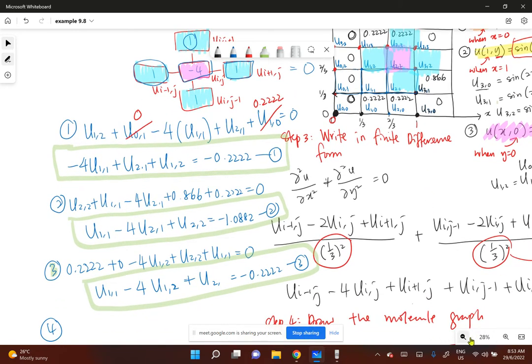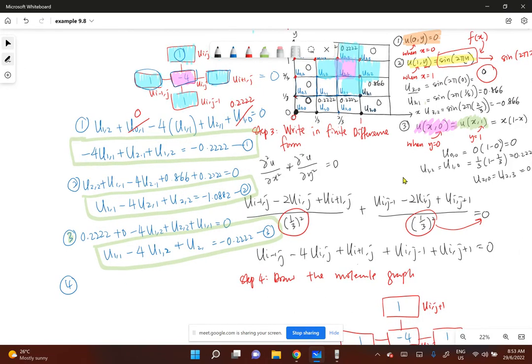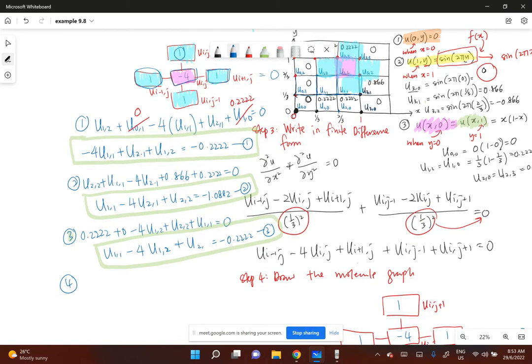Now, kita kecilkan sikit. The fourth is 0.2222 plus U12 minus 4U22 plus, this one the value should be negative 0.866, plus U21 equal to 0.